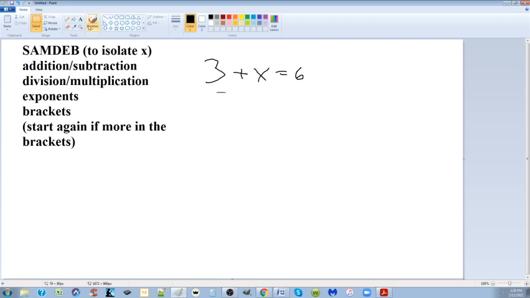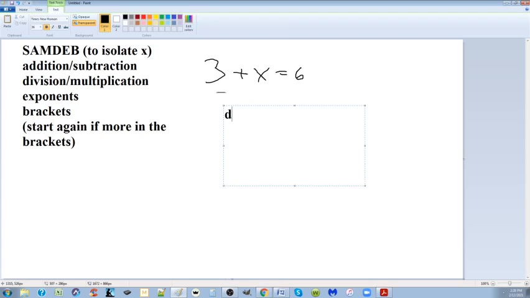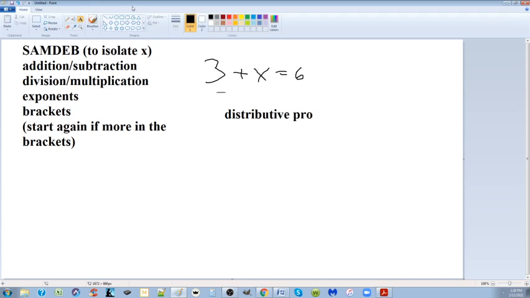The other property that you're going to use a lot is called the distributive property. And this says that if I have a 3, let's say, in front of a bracket where 2 plus 4 are being added, the best way to solve this is multiplying the 3 times the 2 and then the 3 times the 4, the plus 4. And when you don't see a sign, it's always plus.